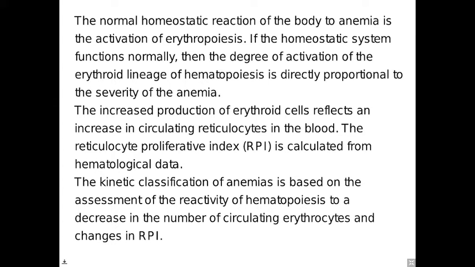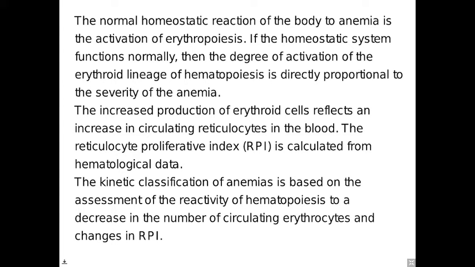So, for example, in the clinic we can meet such a situation when, for example, hemolytic anemia is present, or any other type, for example, after surgery, after a large surgical intervention, when the patient lost some volume of blood, we expect increasing of hematopoiesis because it's supposed to be normal.